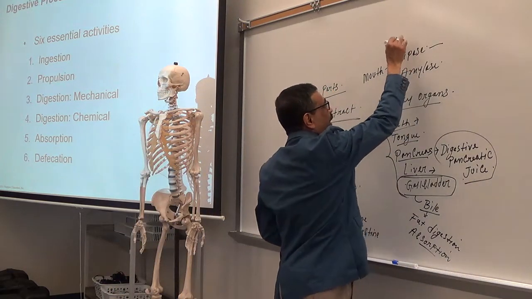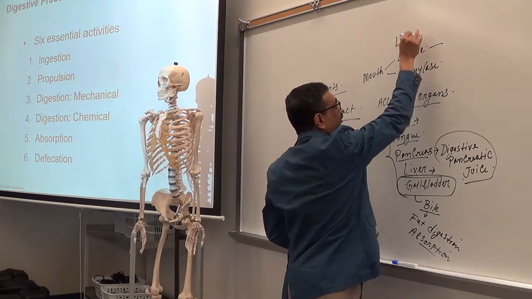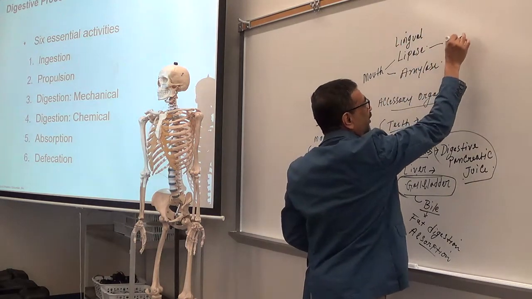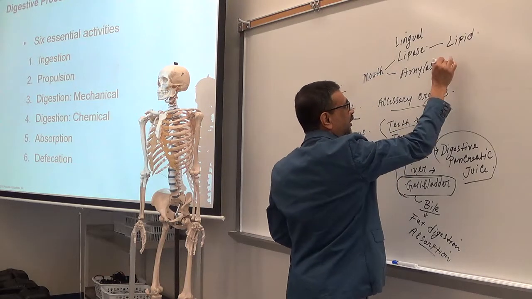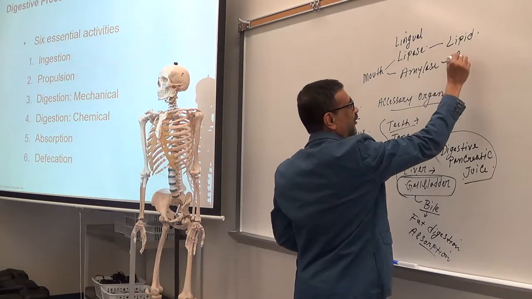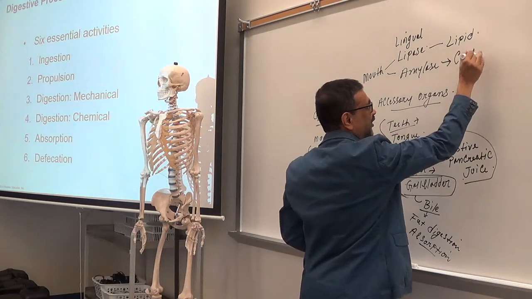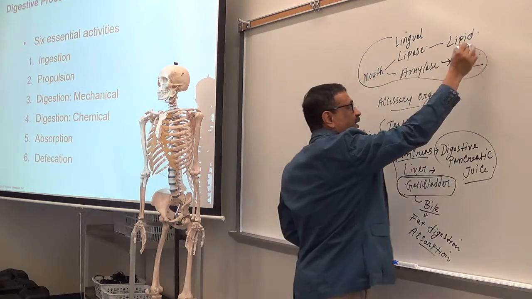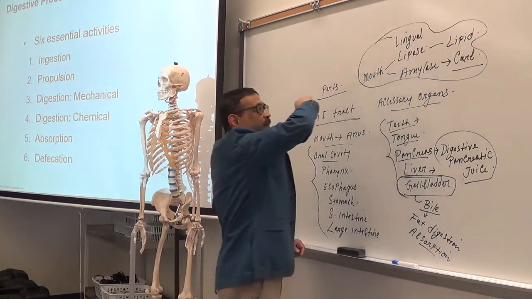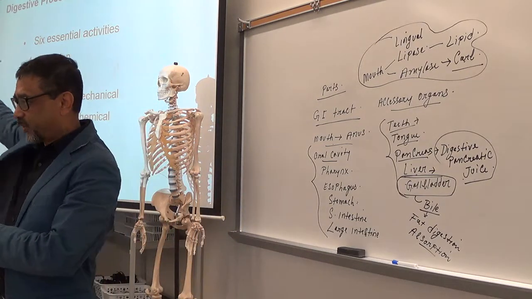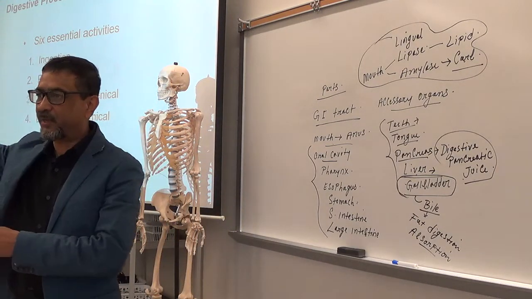This is called lingual lipase for lipid digestion, and amylase for carbohydrate digestion. So chemical digestion of lipids and carbohydrates, but not protein, occurs in the mouth. But mechanical digestion of all three types of food occurs in the mouth.